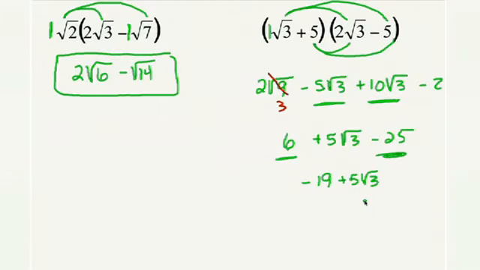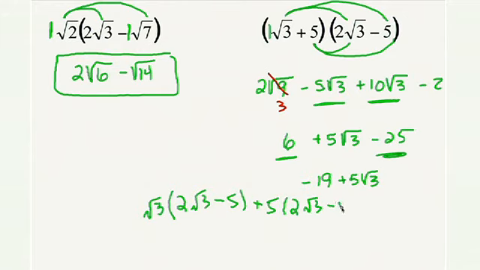The only other thing I'd add is if you find the FOIL method more difficult, you can still do these problems the way we did the problems in a previous chapter and write out the individual steps. So just to be clear what I'm talking about, that original problem is the square root of 3 times 2 the square root of 3 minus 5, plus 5 times 2 the square root of 3 minus 5.